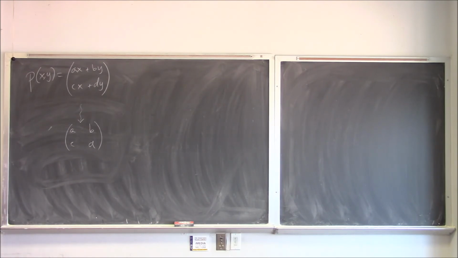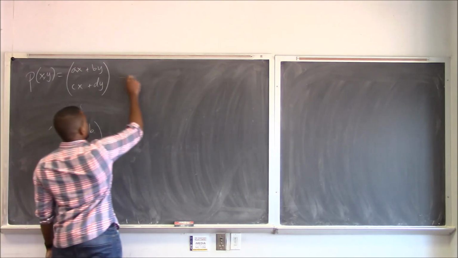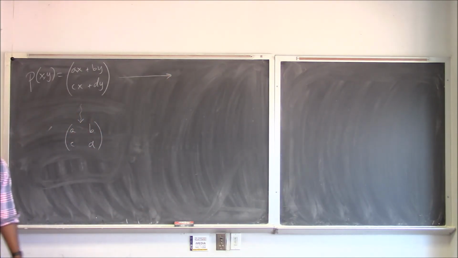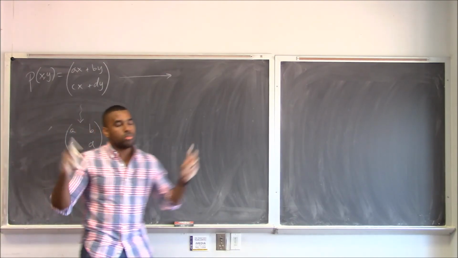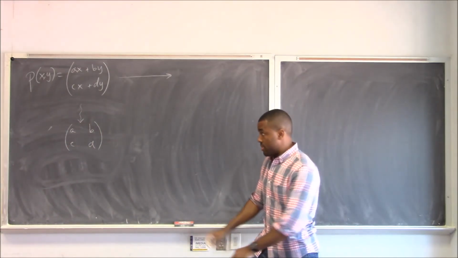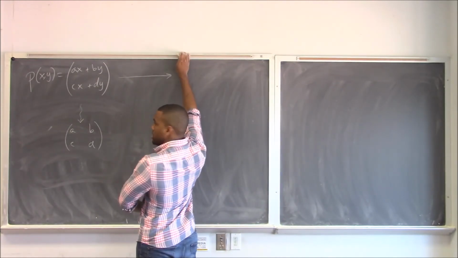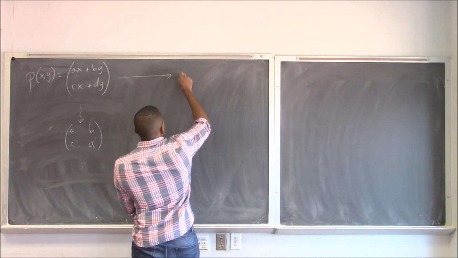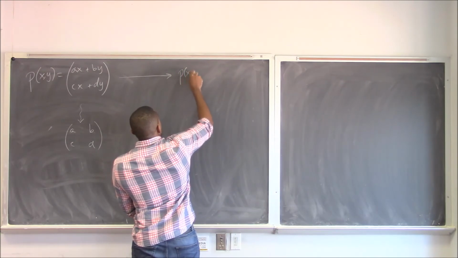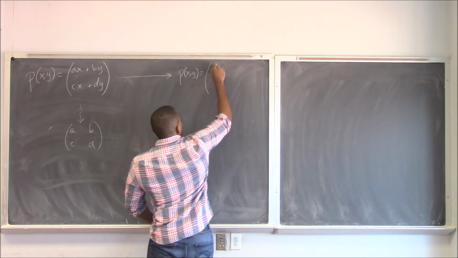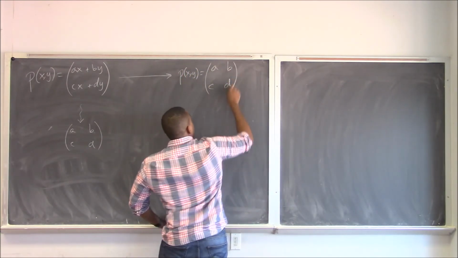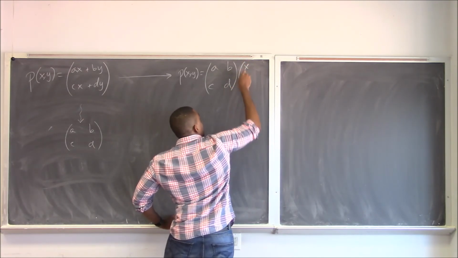But in light of what we spoke about with matrix multiplication, I want you to be aware you can actually think of this another way. According to the rule for matrix multiplication, which I'll define for you in greater detail very soon, probably next class, I could think of P of xy as the following matrix times the vector xy.